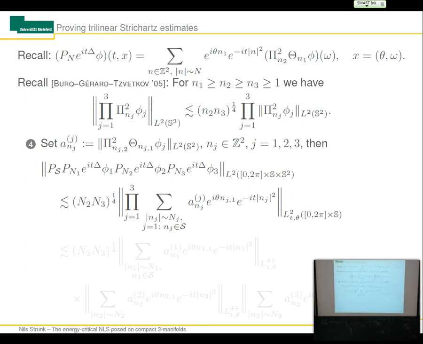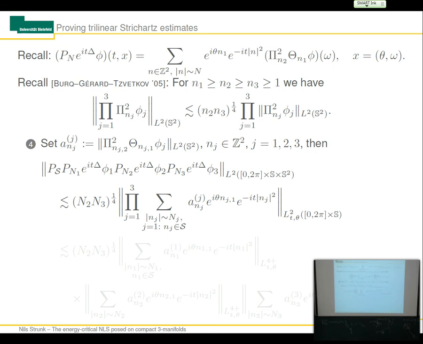again, very simple. First I want to recall this linear evolution. The linear evolution on S cross S2 looks exactly like this. And I also want to recall a trilinear spectral cluster estimate of Bourgain-Gérard and Sventkov. What is it?